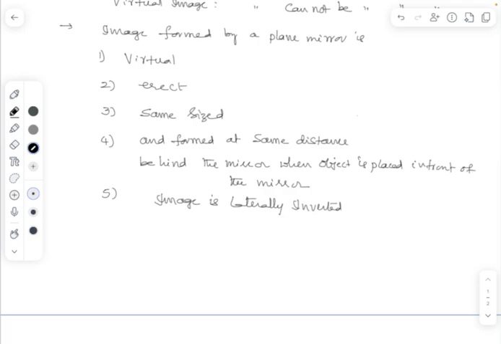Now this is the plane mirror. Object O. Image is formed behind the mirror at same distance. Deviation in reflection D equal to 180 minus 2i.